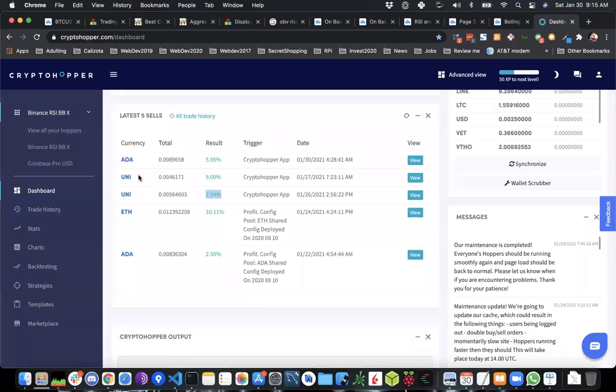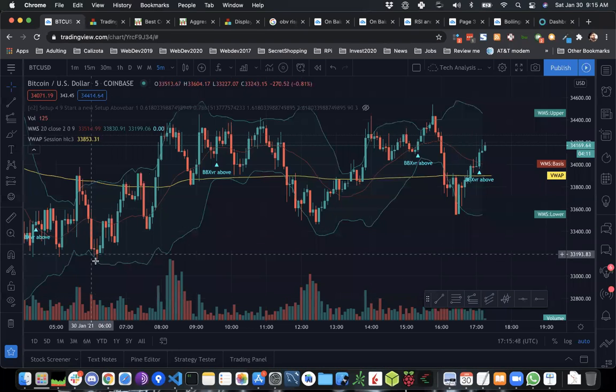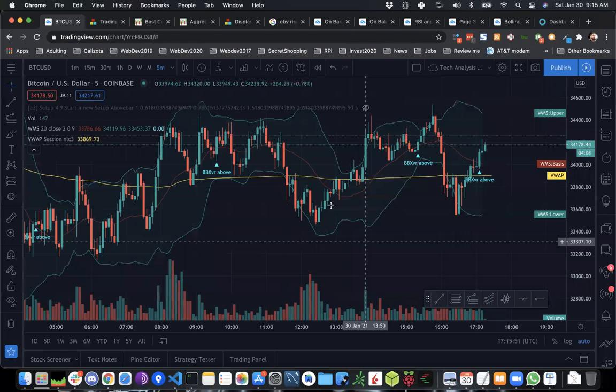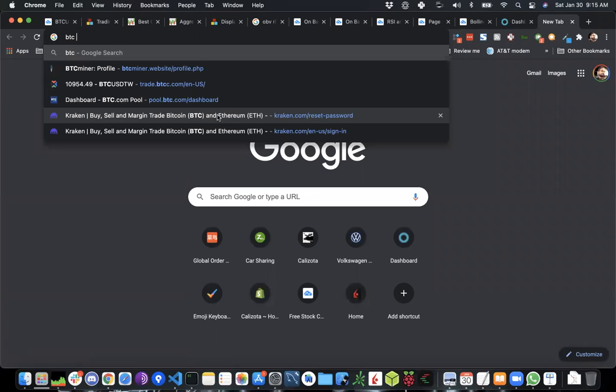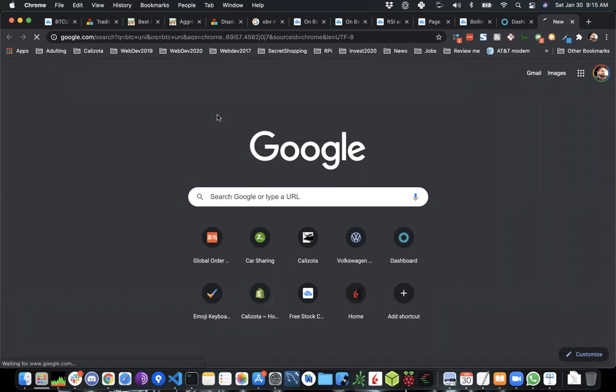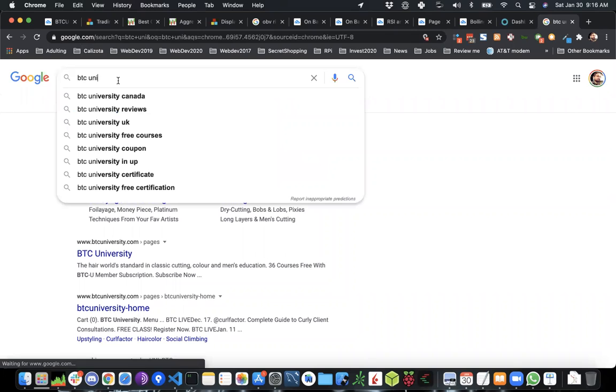But again, Uniswap, we were talking about this one earlier, Daniel. It's like a kitty coin, like Dogecoin. And so I stopped selling it because it sat in my Cryptohopper for like 118 days before it finally went above the price of Bitcoin, comparatively speaking. Let me see, the BTC, Uni chart.